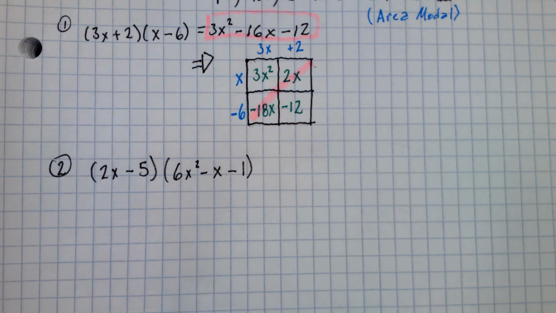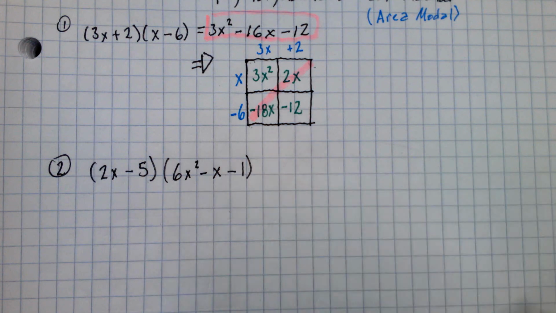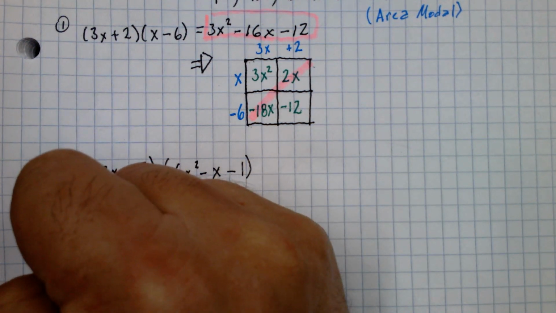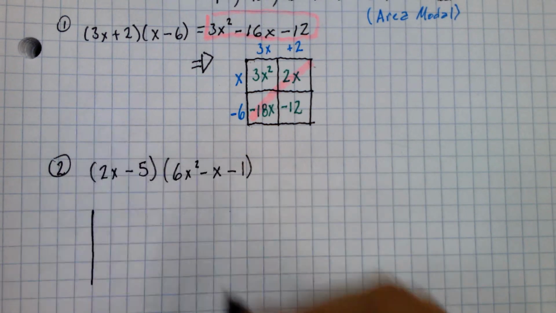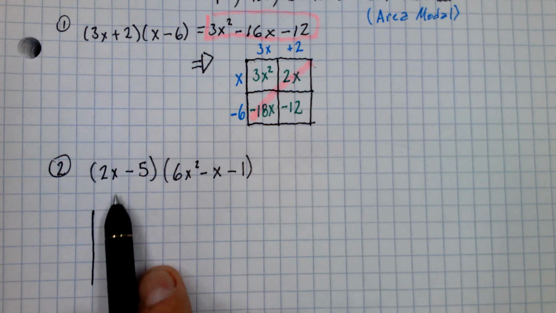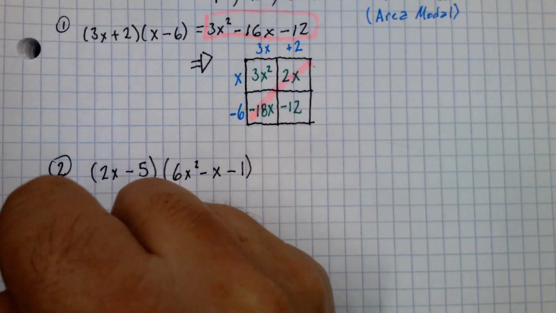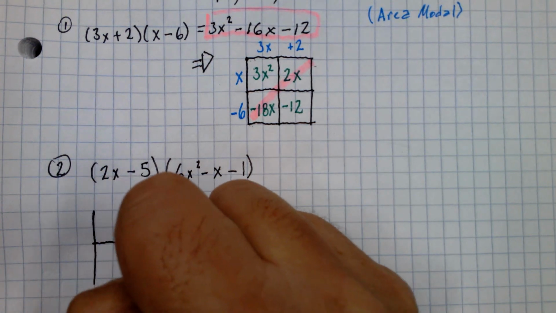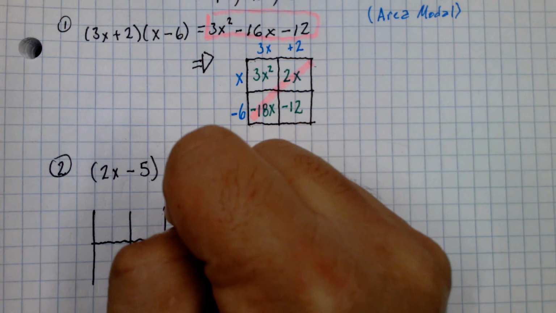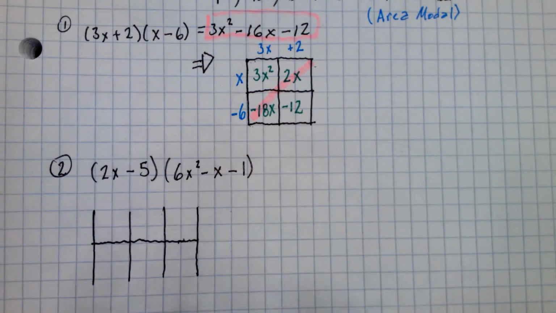So again, we're going to make a box. And let's see here. The shorter side, you want it here. That means these two would go here. Okay, so we're going to make it 2 rows and then 1, 2, 3 columns. It's going to be a 2 by 3 box.